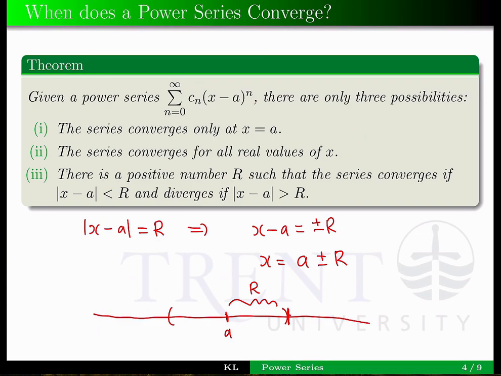This particular point here is your a plus r, and this particular point here is your a minus r. So basically, when the absolute value is equal to r, we are actually looking at the endpoints of our interval. And like I said, we don't know yet if the power series converges or diverges there. So we will need to check the convergence or divergence at those endpoints.